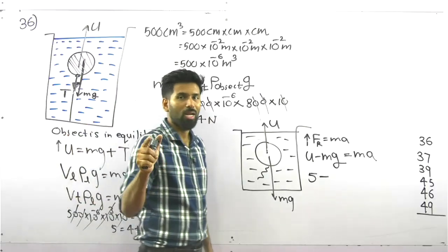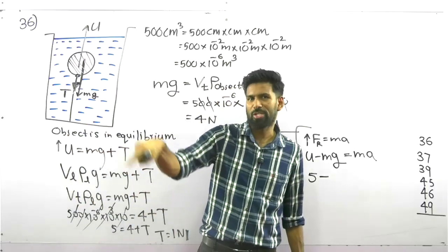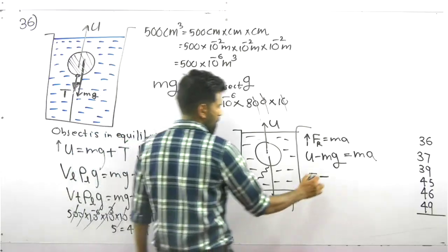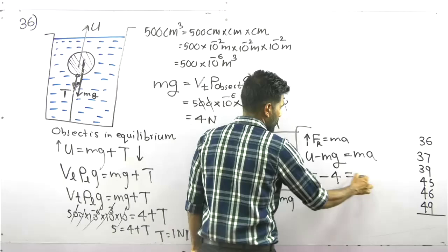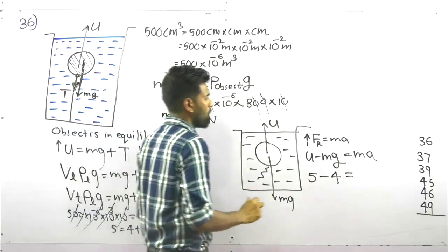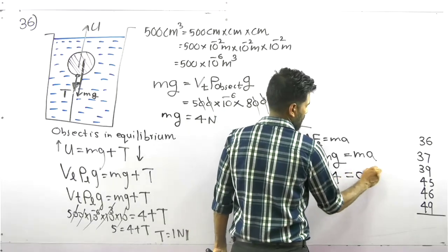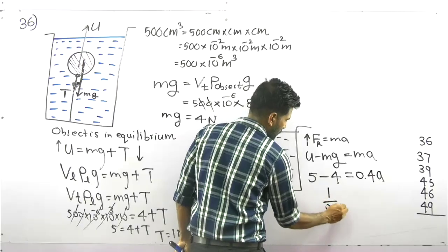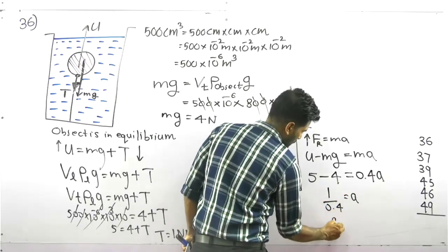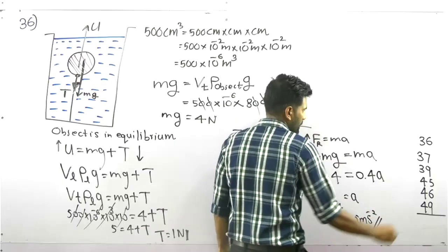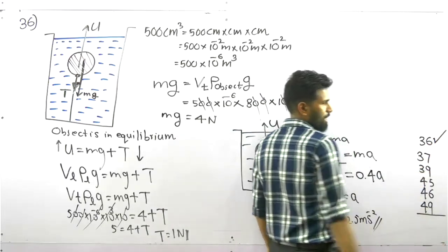Volume of the object multiplied by the density of the object by 10, and you got the answer 4. 5 minus 4. If the weight is 4, mass is 0.4. So 5 minus 4, that is 1, over 0.4 will be the acceleration. 2.5 meters per second squared.